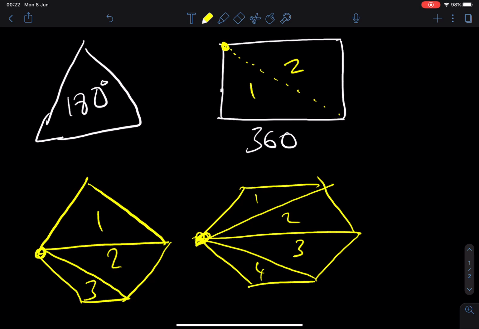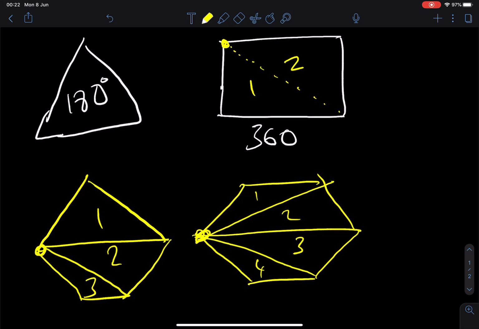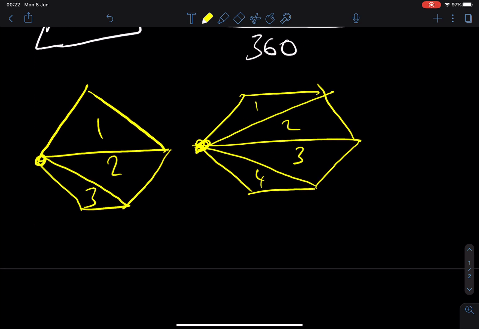A triangle has one triangle, obviously. A rectangle, a four-sided shape, or a quadrilateral if we use the proper name, has two triangles. A five-sided shape has three triangles. A six-sided shape has four triangles.